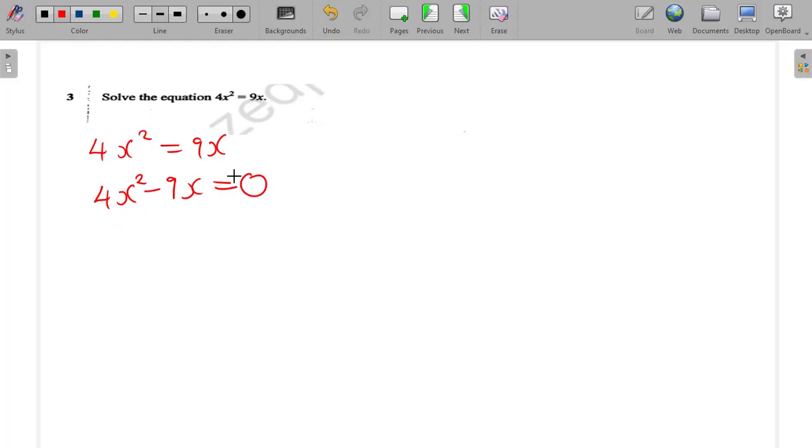So that's what I get here. Now immediately when I equate my equation to 0, I'm going to simplify it. I know that x is common here, so I'm going to factor out x. I get my 4x squared there, I divide by x. So you know that x and 1x will go. This x squared means that we're having x times x.